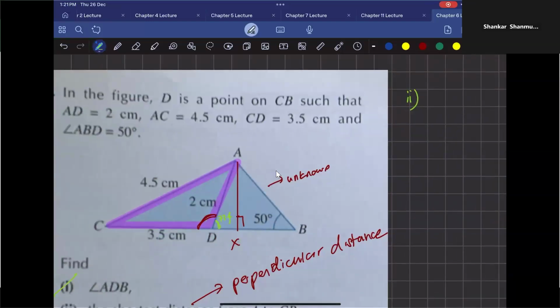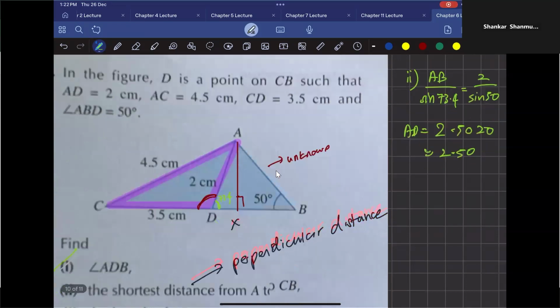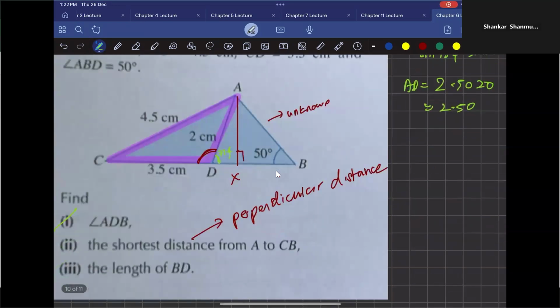So AB over sine 73.4 equals 2 over sine 50. If you calculate AB, you should get 2.5020, approximately 2.50. So now you have found that this is 2.50.